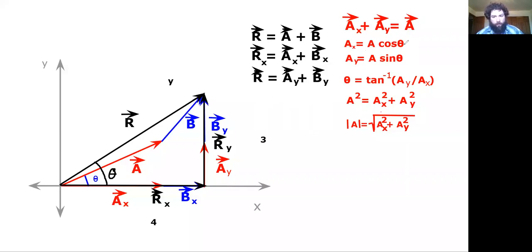We just figured out the angle, and a lot of times you'll need to figure out the angle. Sometimes you'll know the angle and need to figure out the hypotenuse. And sometimes you'll know the angle and the hypotenuse, and that way you can figure out each one of these components. Through any of these equations, you should be able to figure out anything you want to know about the situation. Please go ahead and ask me if you have any questions. That's going to wrap up our lecture for vectors for now. Thank you.